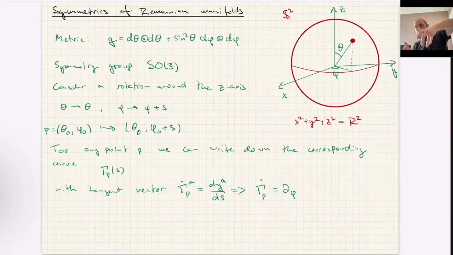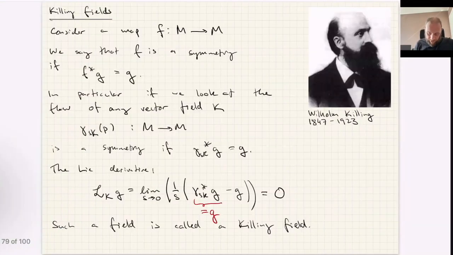That defines rotations around the z-axis. You can have, of course, any rotation around any axis is going to be a symmetry. Those Killing fields are going to have a somewhat more complicated expression. It's not going to be so easy as to just take one of the coordinates. So this means that if we have a field, we can take this corresponding Lie derivative of the metric, and we can find out if that field defines a symmetry or not.